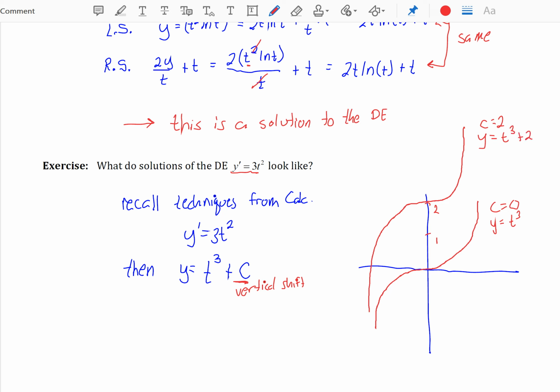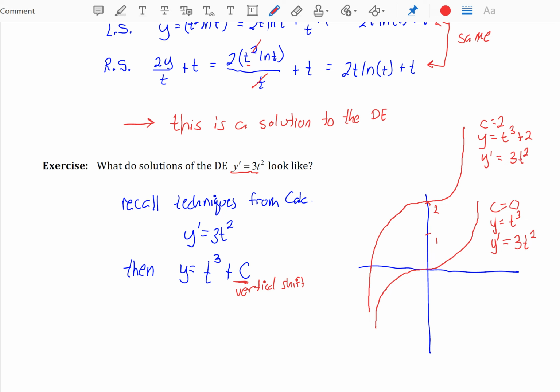What you'd like to observe is that both of these have the same derivative. Y equals t cubed, the derivative would be 3t squared. Y equals t cubed plus 2, the derivative would still be 3t squared.